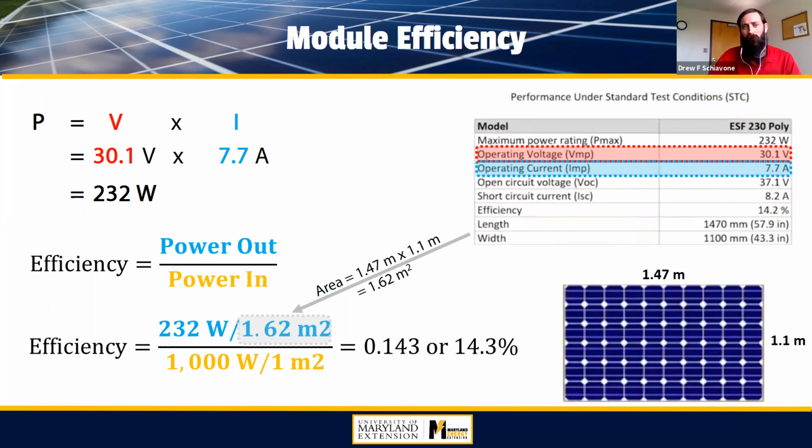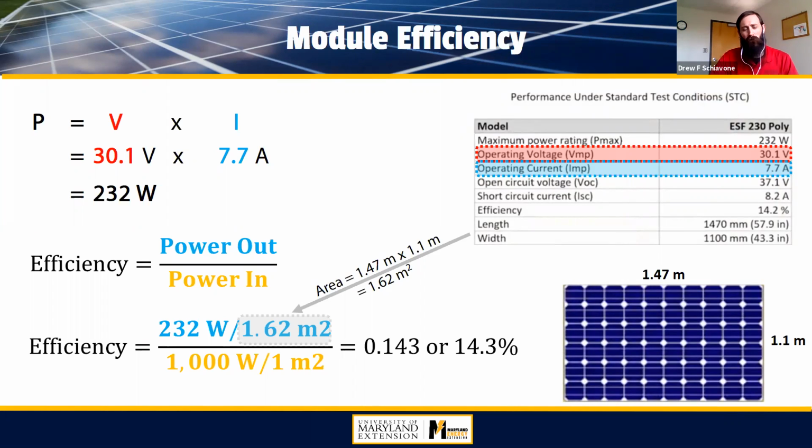The size of our panel is different than what the solar standard uses, and so we have to factor that in. You could measure this manually with a tape measure, or in this case, I just pulled the numbers right from the spec sheet. It gives it in millimeters, but I'm using meters. But the same idea. The area is just the length times the width, 1.62 square meters.